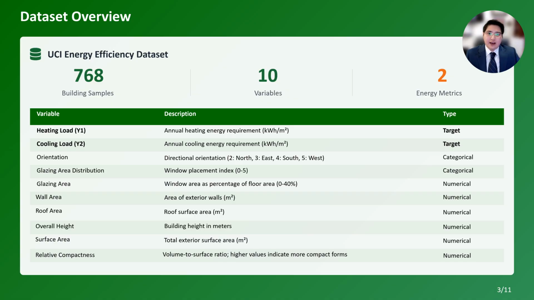We also have the overall height of our buildings in meters and the surface area, which we're not going to use to avoid redundancy in our models and to reduce dimensionality. Last but not least, we have the relative compactness, which indicates the volume to surface ratio, where higher values equal more compact forms.